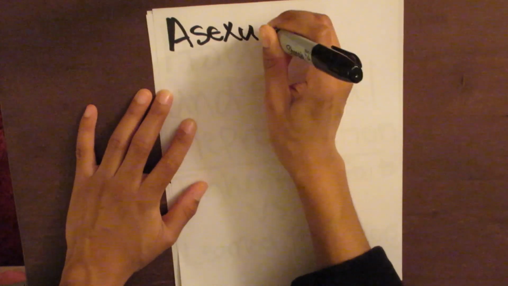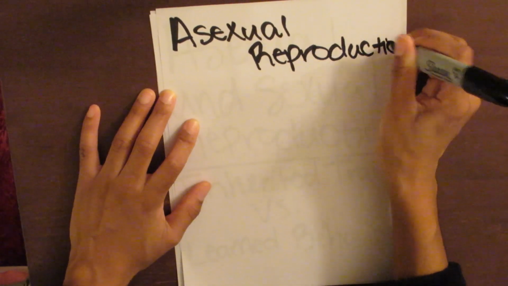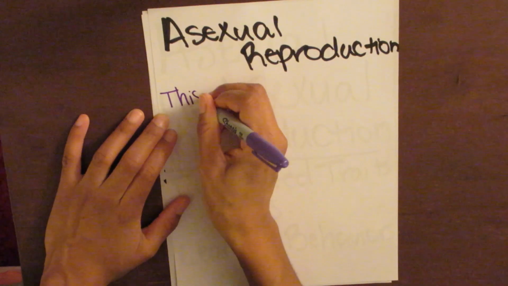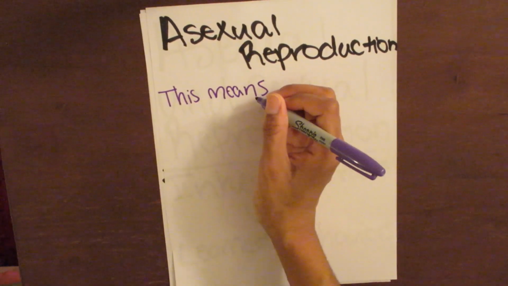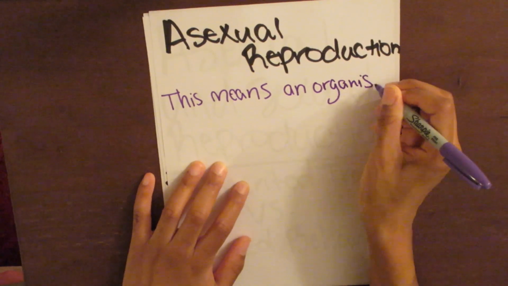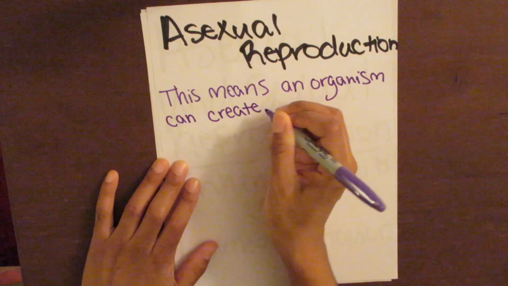So let's start by talking about what exactly asexual reproduction is. Now we've talked about this as a class before, but this should be a little refresher, kind of get your memory back. Asexual reproduction just means that an organism can create offspring that are identical to the parent.